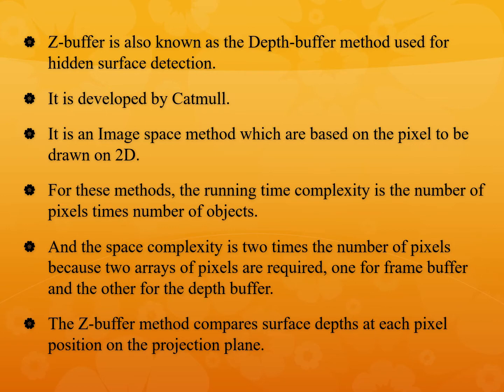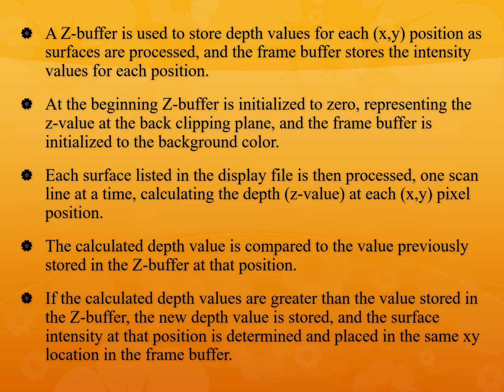It compares surface depth at each pixel position on the projection plane. Because this is an image space method, we interact with pixels only. Here we calculate the depth value, that is the Z value, at each x and y pixel position.